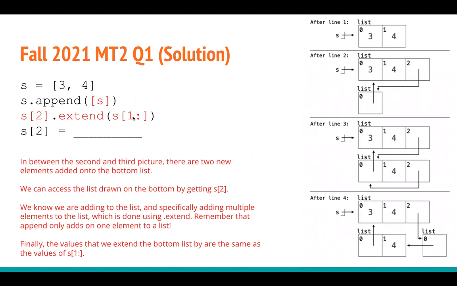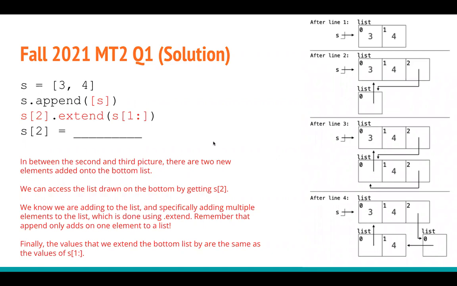That also works with extend here. When you slice S, this creates a new list, right? You can manually do it without slicing by creating a new list that has first element 4 and second element S index 2, because S index 2 gives us this pointer back to this list.